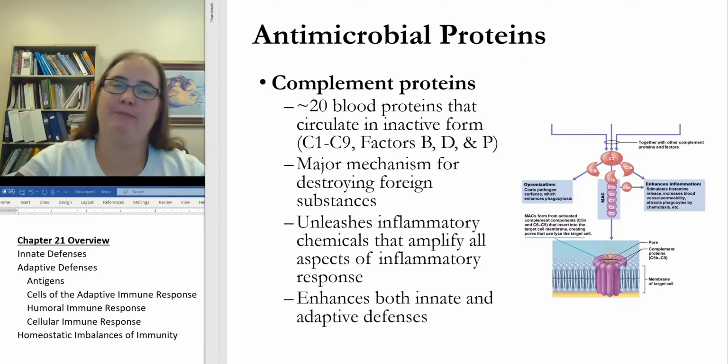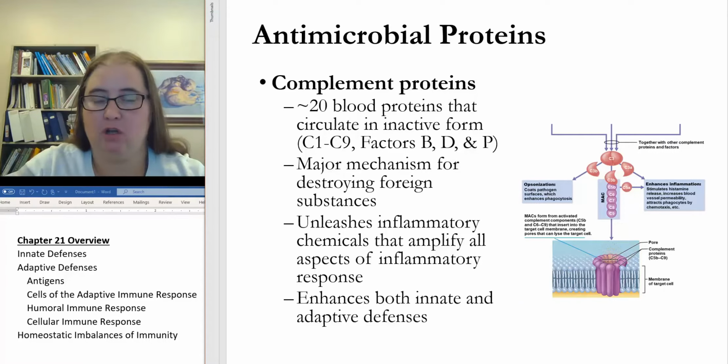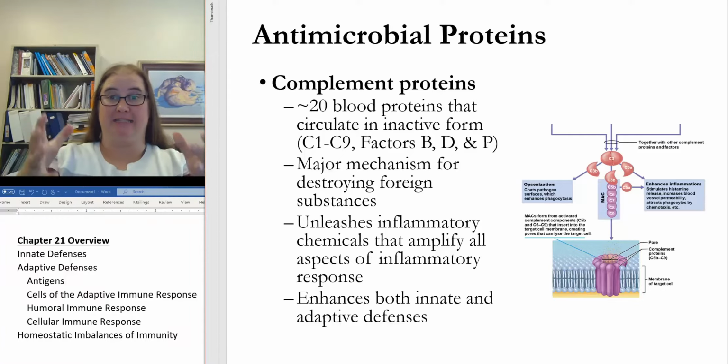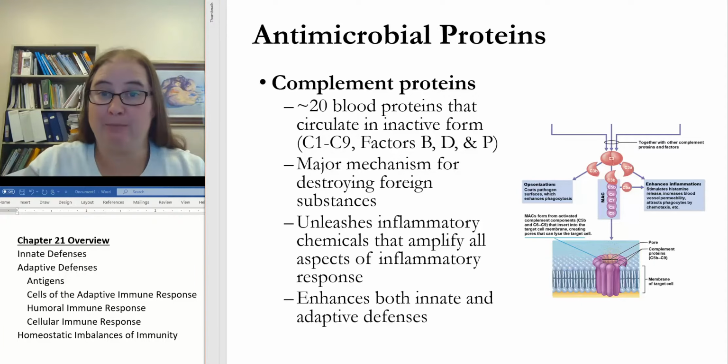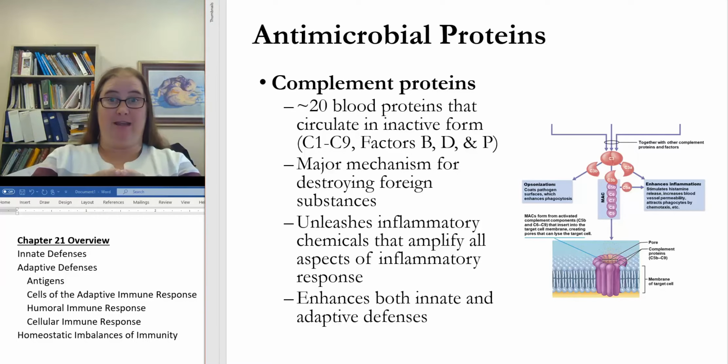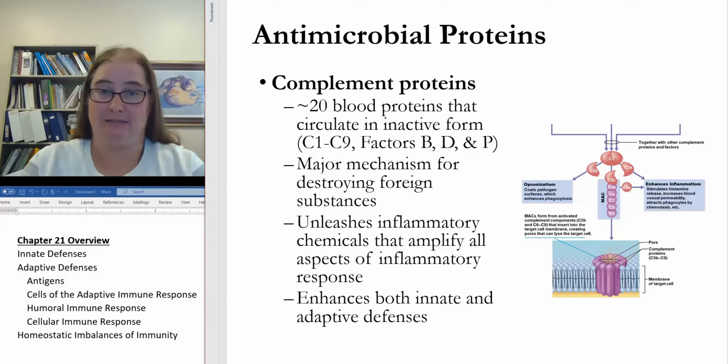Another antimicrobial protein system is called complement. Now complement is the system. It's a horrible name. So just like we talked about blood clotting, more specifically hemostasis, that process of clotting, complement is a group of proteins.